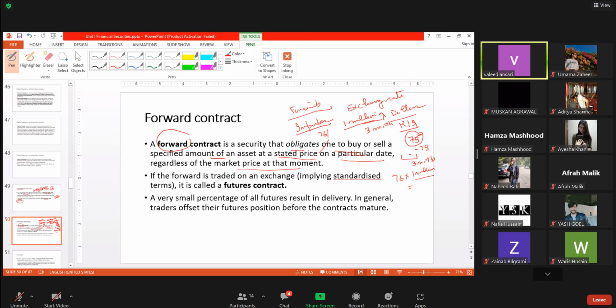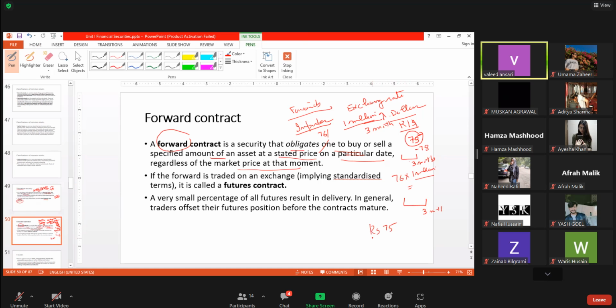Now the forward contract is obligatory in the sense that you do not have an option to close it without exercising it, whereas you will see later on that in an option this is possible. For instance, after 3 months the exchange rate is, instead of 76 rupees, 75.